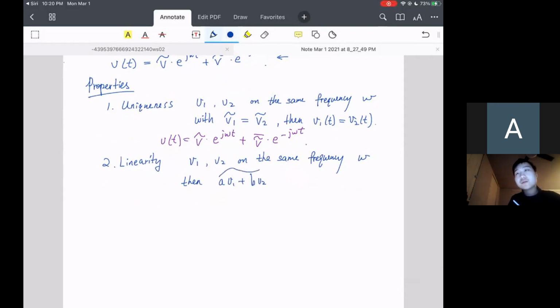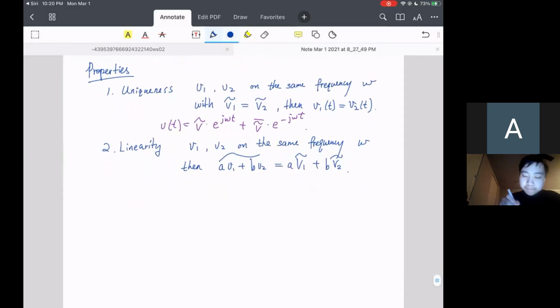It corresponds to some phasor representation on the same frequency. We claim that its phasor representation is equal to A times V1 tilde plus B times V2 tilde. So phasors are actually linear.